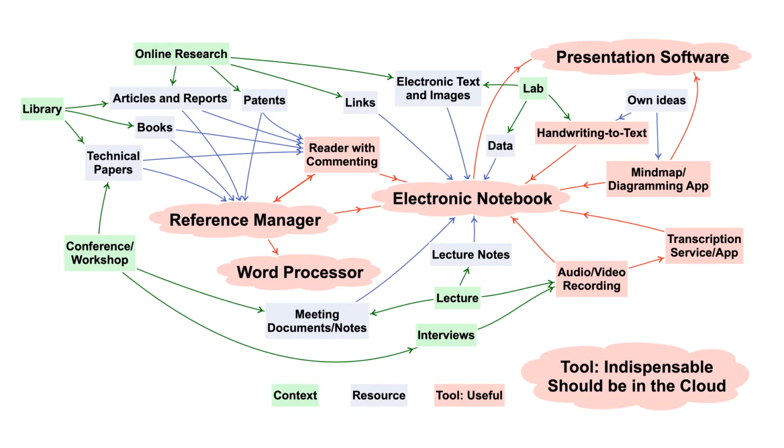Must-haves like a reference manager, word processor, electronic notebook, and presentation software are shown as clouds because they should ideally be synced. In the red boxes are nice-to-haves, such as transcription and handwriting to text. You may not need all this stuff, but what you do have should flow easily from one app to another.